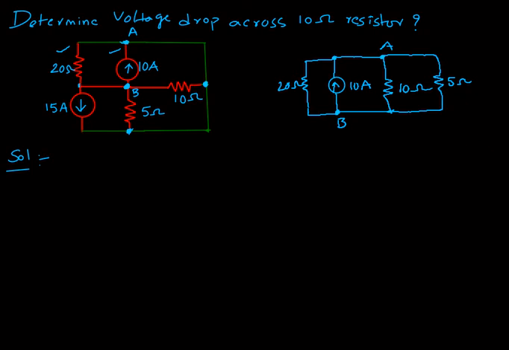And there is a 15 ampere current source, which is connected to B and flows in the direction of A. We can write it like this, 15 amperes. So this is the circuit you have to realize.